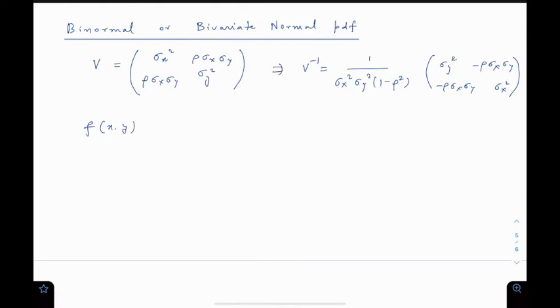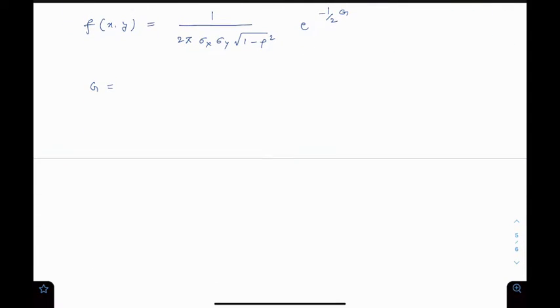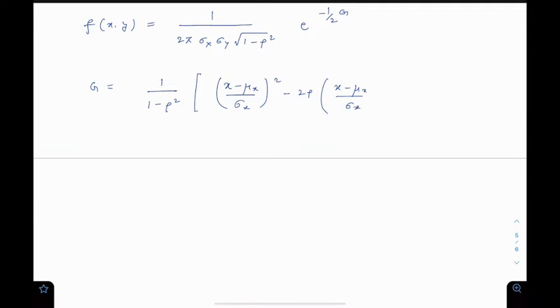We have this 2 pi sigma x sigma y square root of 1 minus rho square, and the exponential of minus half g, where this g is actually written as 1 by 1 minus rho square times x minus mu x by sigma x squared, minus 2 rho x minus mu x by sigma x times y minus mu y by sigma y, plus y minus mu y by sigma y square.